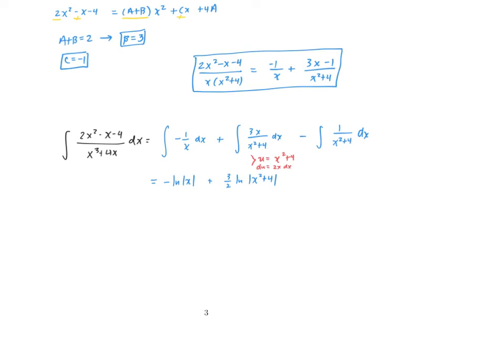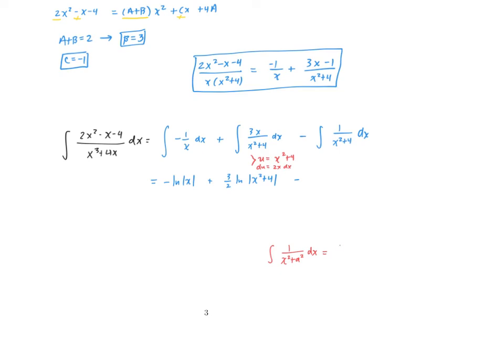And the remaining integral actually has a common form. Let me remind you that we previously integrated 1 over x squared plus a squared. It was one of our common anti-differentiation formulas related to inverse trig functions. And just to see if you remember it or not, maybe pause the video and see if you can write down this formula.